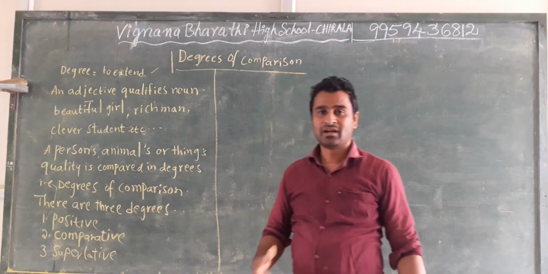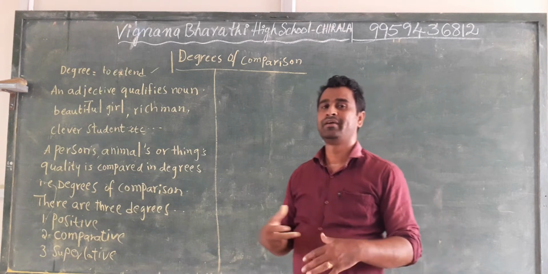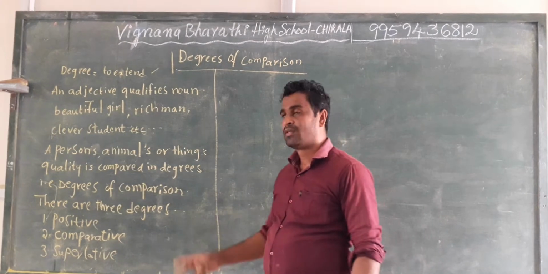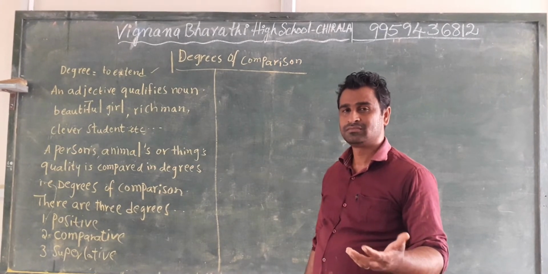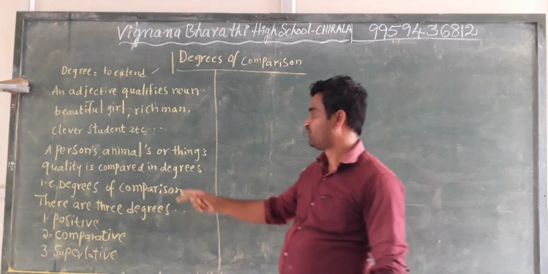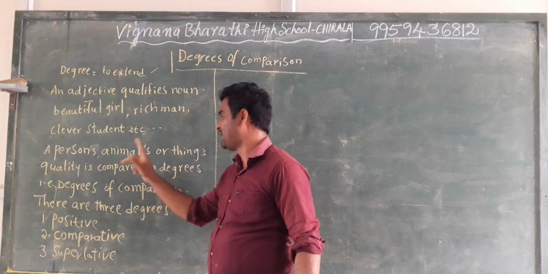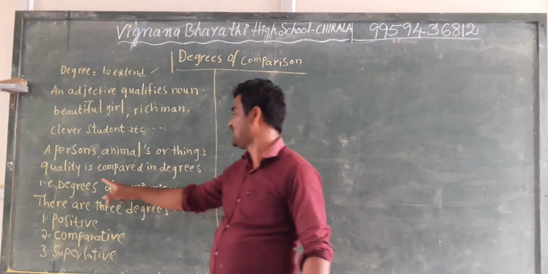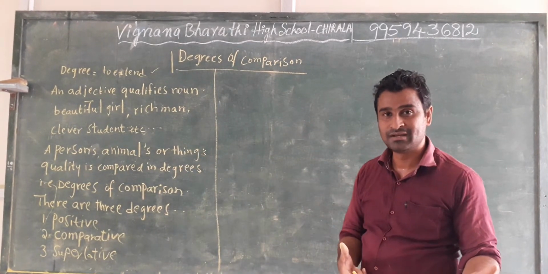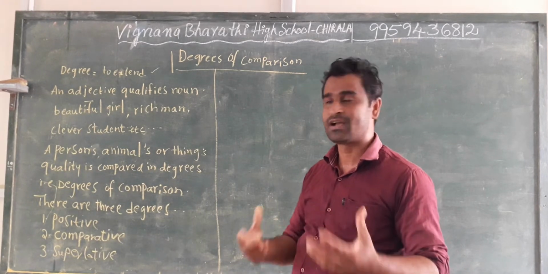So it is clear that we compare the qualities and quantities of a person or anything. Now, how do we compare? That is my second question. A person's, animal's or thing's quality is compared in degrees. In degrees we compare, or in extension we compare.